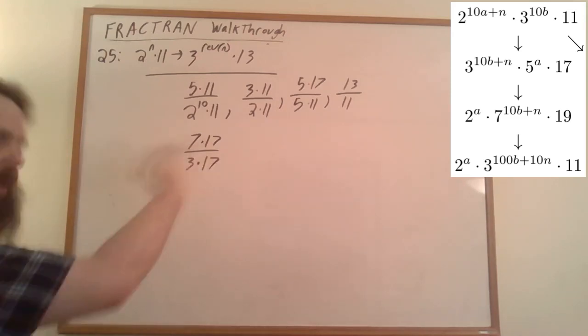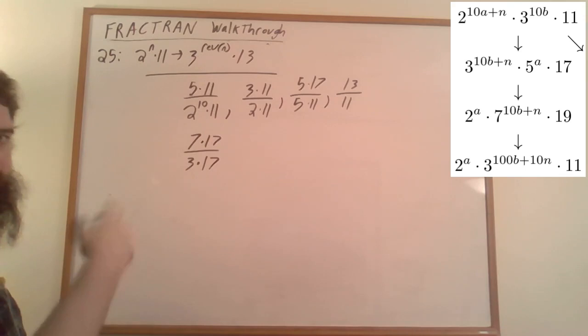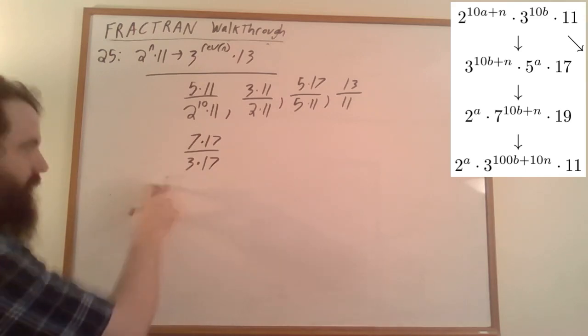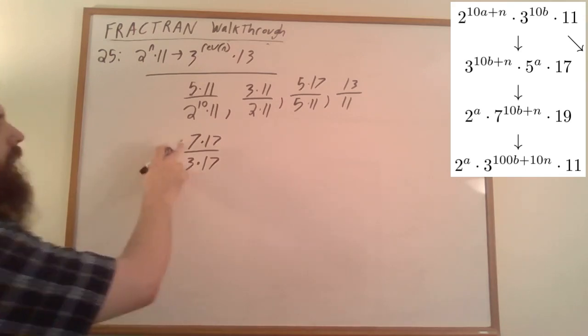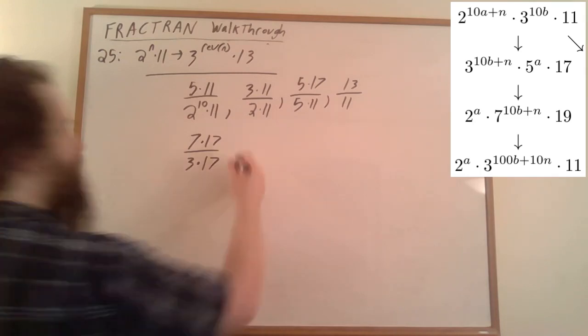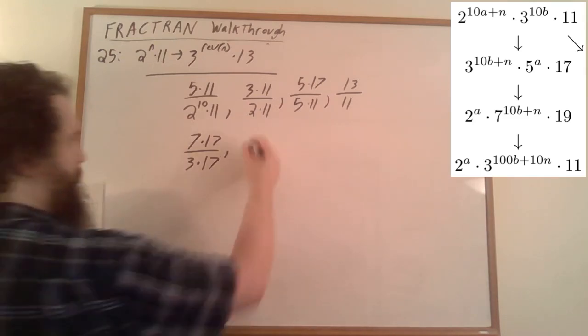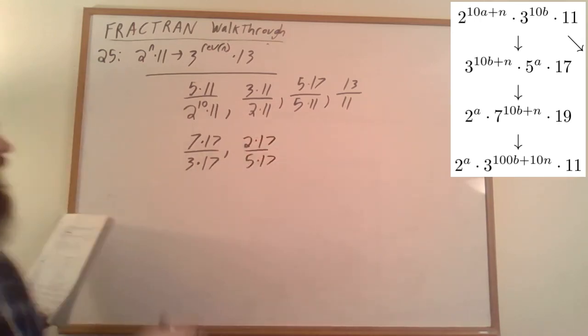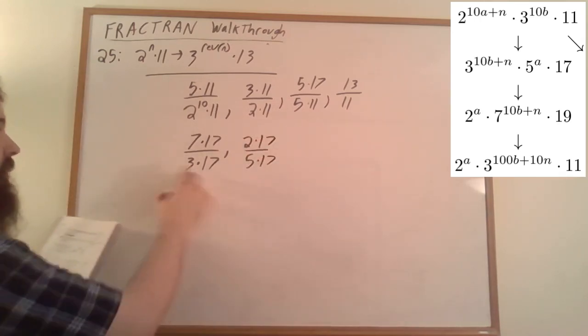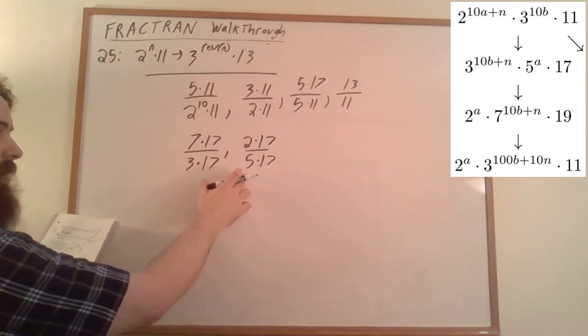Again, we're looping, and so we keep applying this fraction until we can't anymore, and that's going to take all the values from the 3's register and move them to the 7's register. And then we just want to move everything from the 5's register into the 2's register.